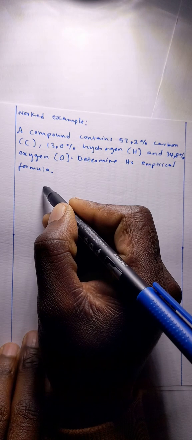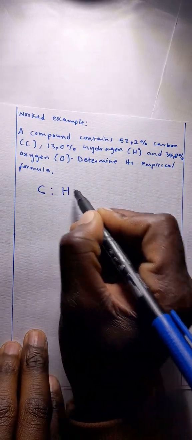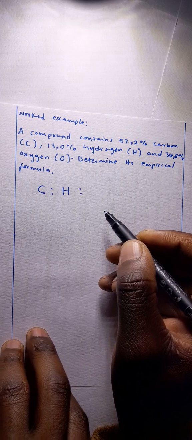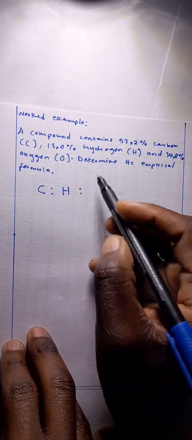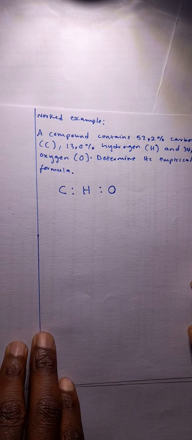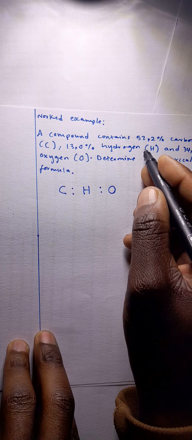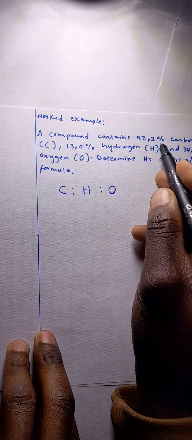Determine the empirical formula. What are you given? You're given carbon, hydrogen, and also oxygen. If you write it in that order, you are not going to get confused at all. So now you are given the mass.